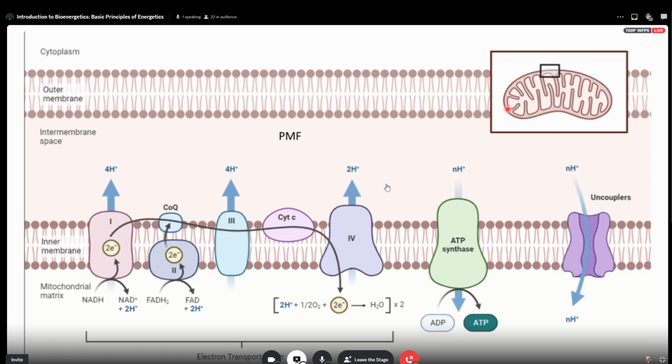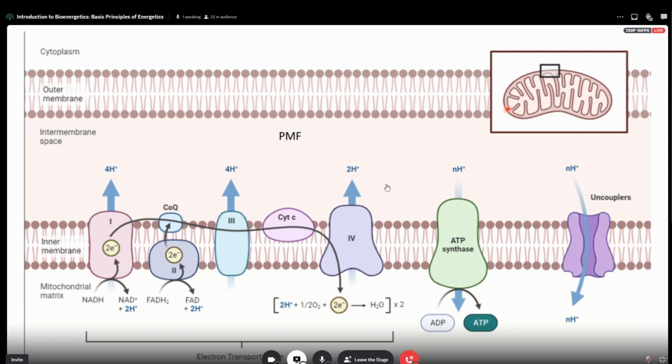Therefore, sometimes they cluster together, and when they are clustered together, you would imagine that due to lower physical distance, it is much faster to transport electrons. So super complex formation, where a lot of these complexes come together to form a super complex, improves electron flow in many conditions.